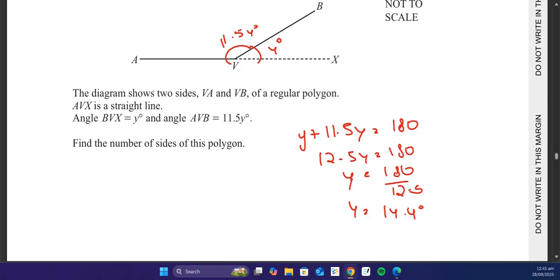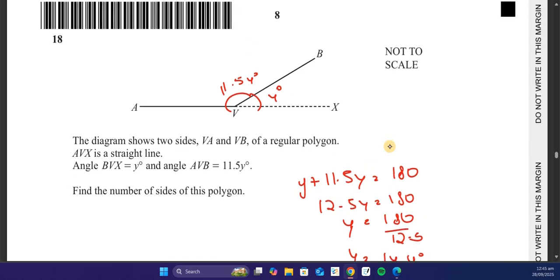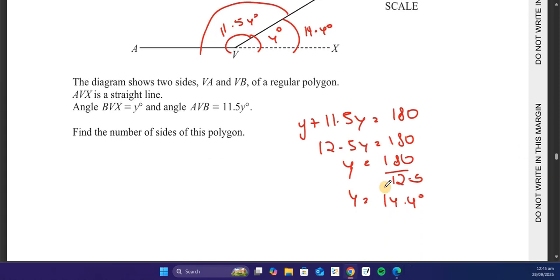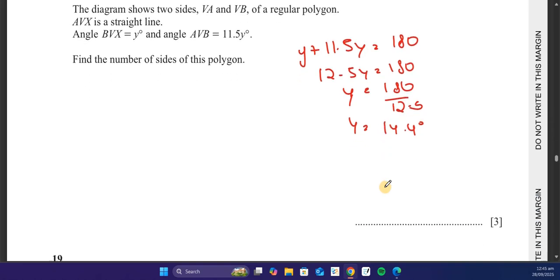All right, so y becomes 14.4. And this would just be 180 minus 14.4, which is 165.6. Does that make sense? So now we have the value of y and the value of 11.5y.